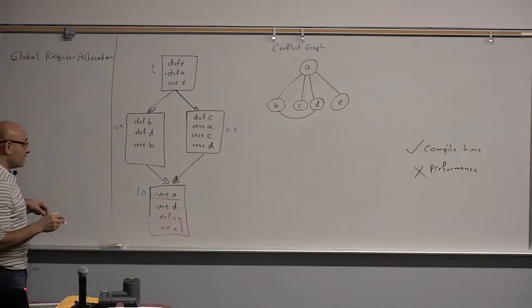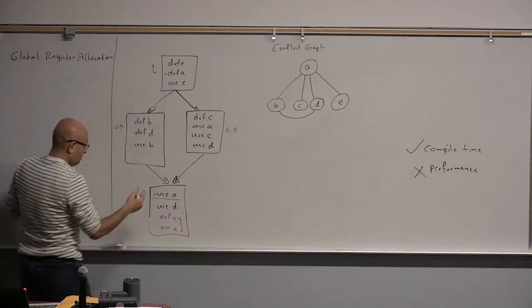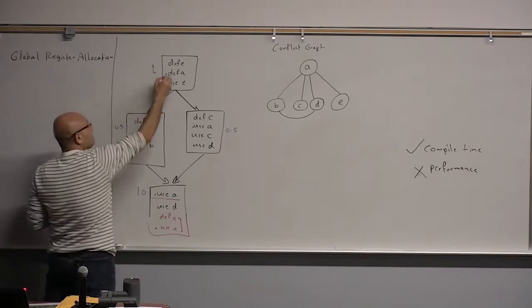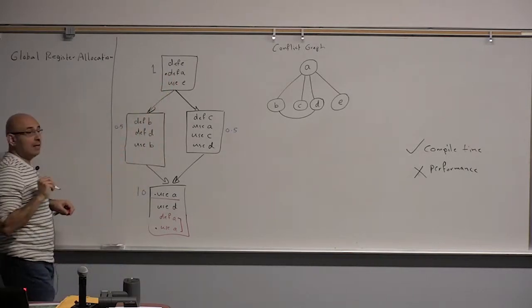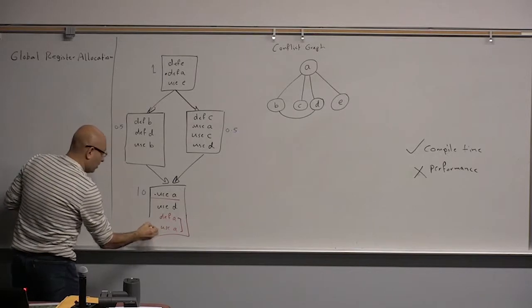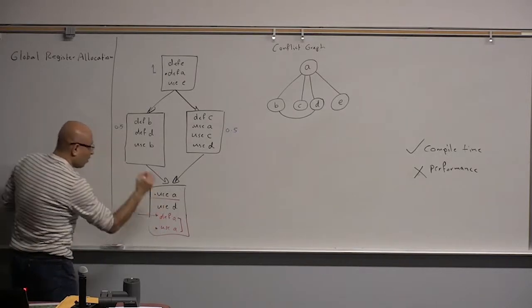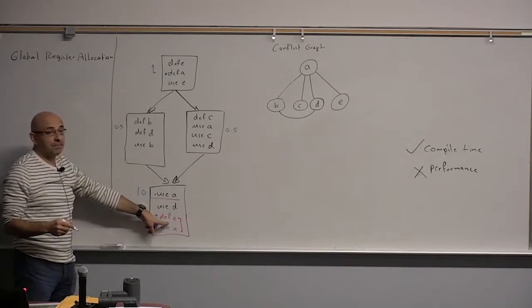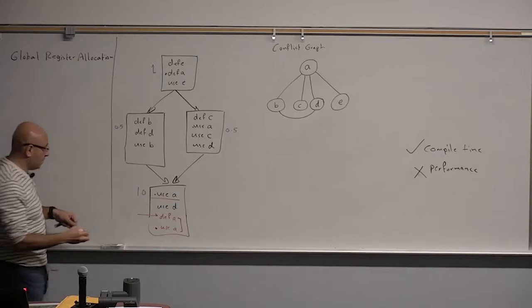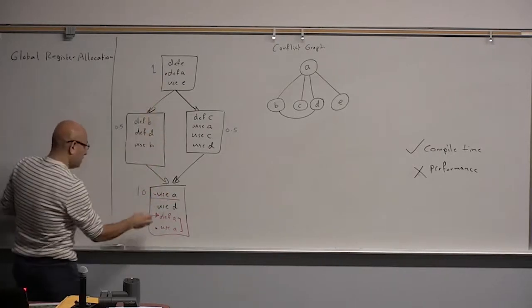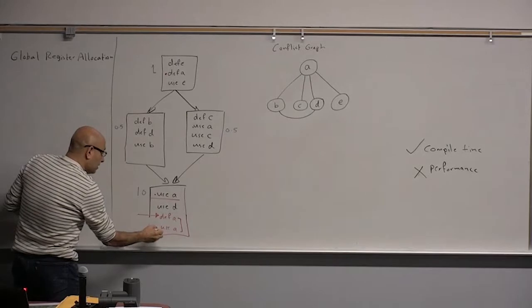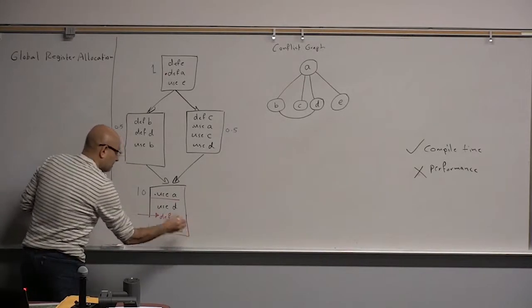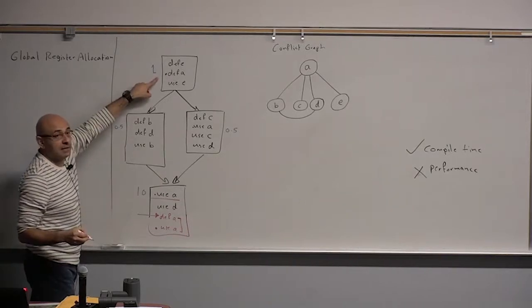Now the question is, does this definition of A reach this point? It does not. This particular definition of A does not reach this point because it will get overwritten or killed by this definition of A. A new, different definition of A is going to kill this definition. So the definition that reaches this use of A is going to be this definition, not this.